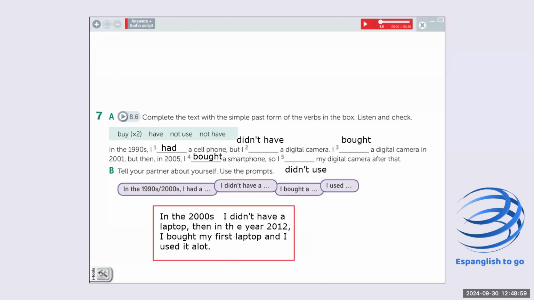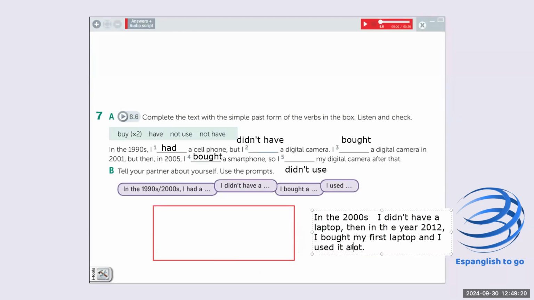I will tell you, in the 2000s, I didn't have a laptop. Then in the year 2012, I bought my first laptop and I used it a lot. Maybe you have questions for me about these sentences, but please write your sentences and tell me your story.